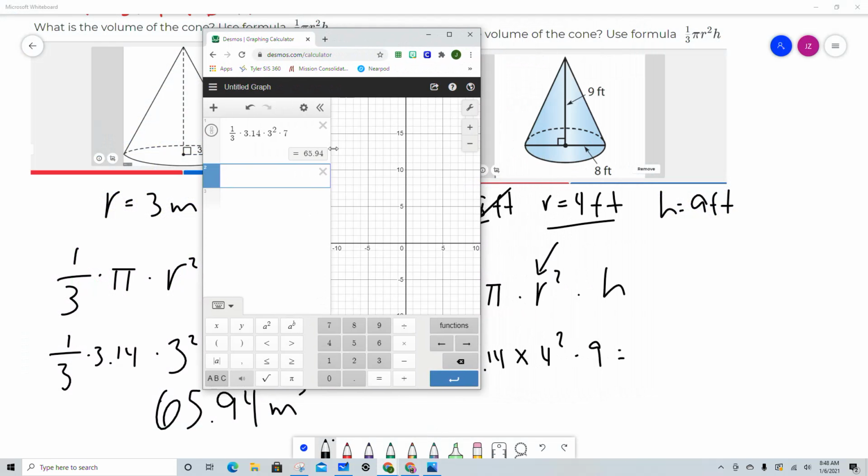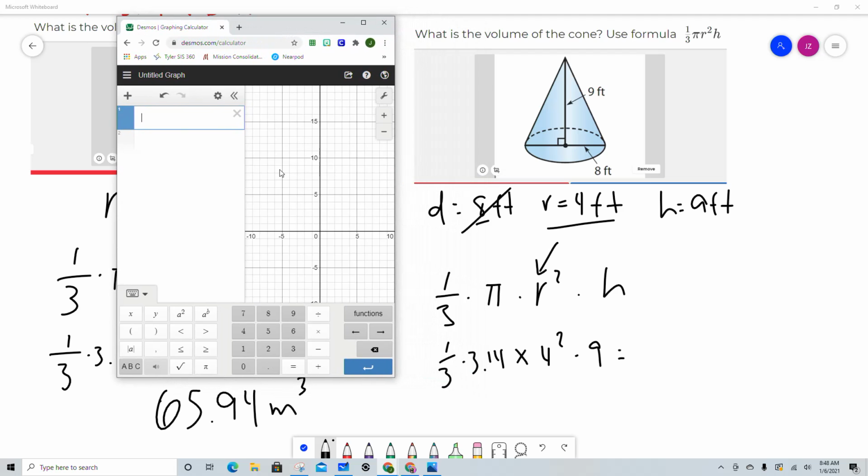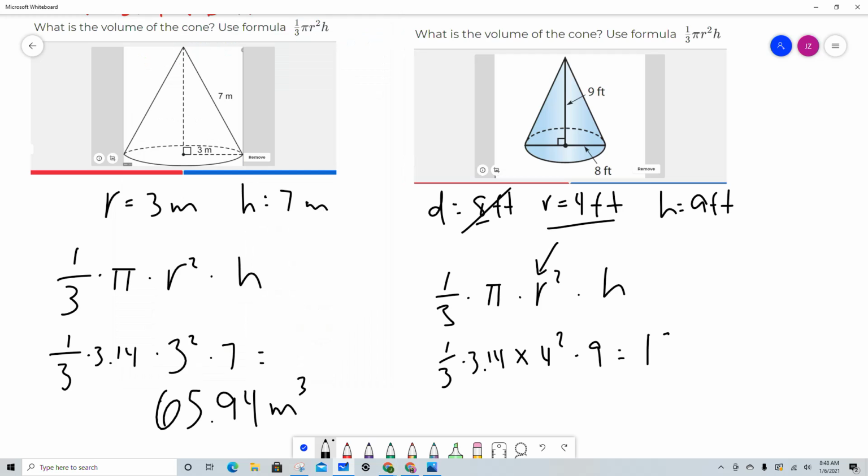And again, guys, hopefully you've been pausing to see if maybe you can do these on your own. Again, you're going to do 1 divided by 3 and press to the right, and then you can continue multiplying. And the answer for this one is 150.72 cubic feet.